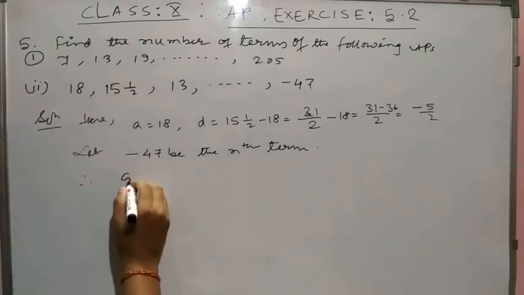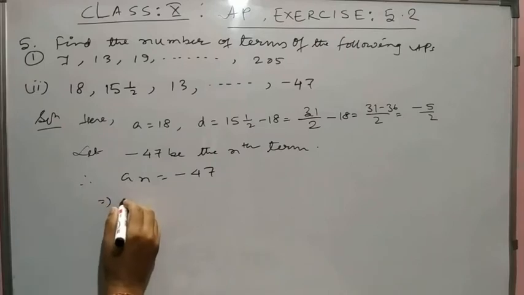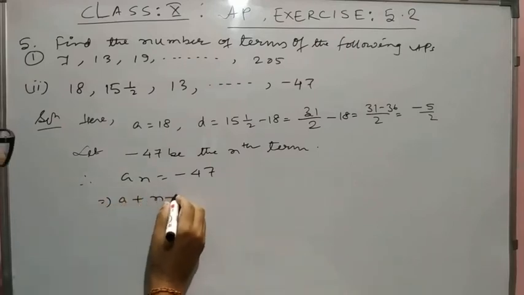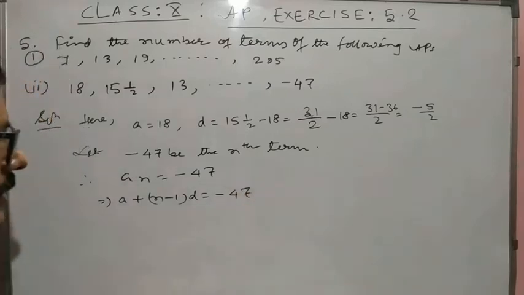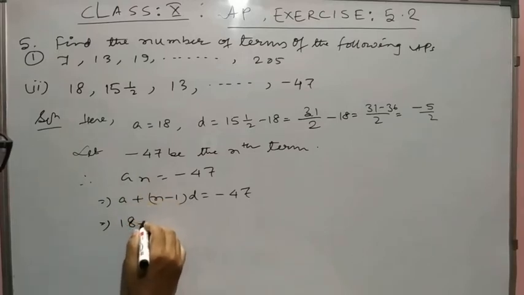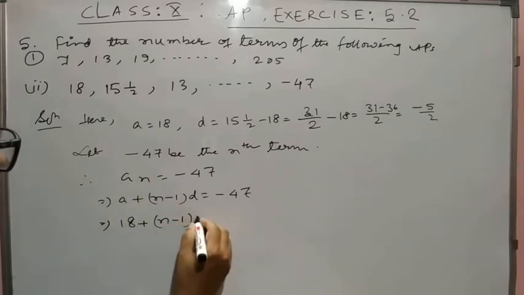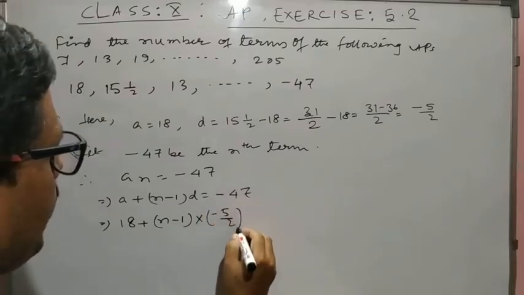Therefore an equal to minus 47. This implies that a plus (n minus 1) whole into d equals minus 47. So a means 18, d means minus 5 by 2.